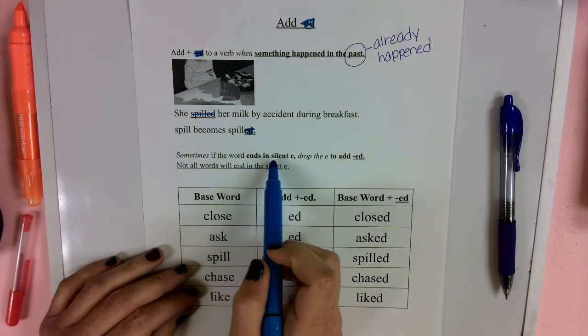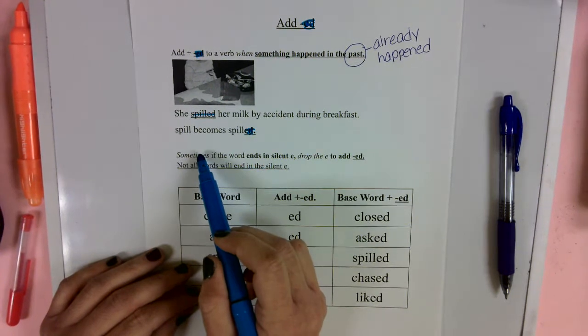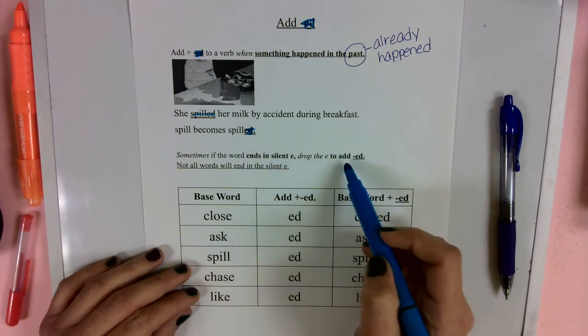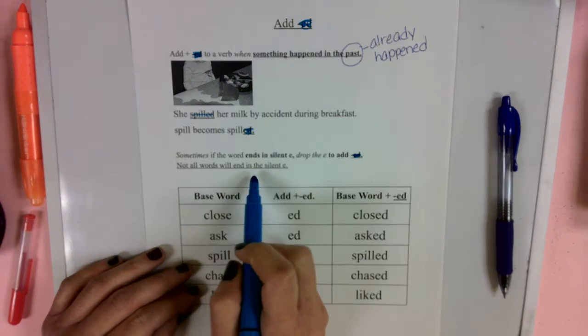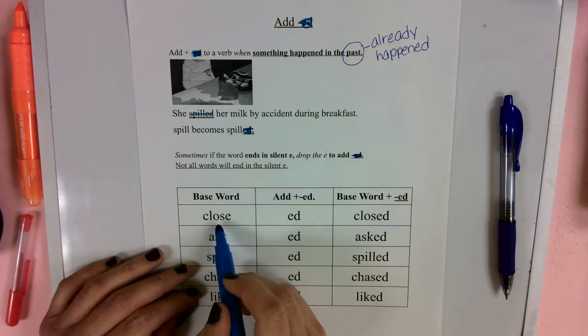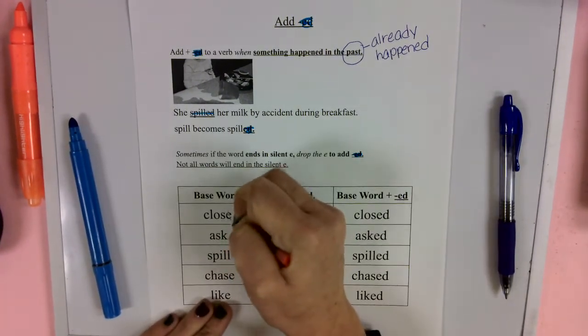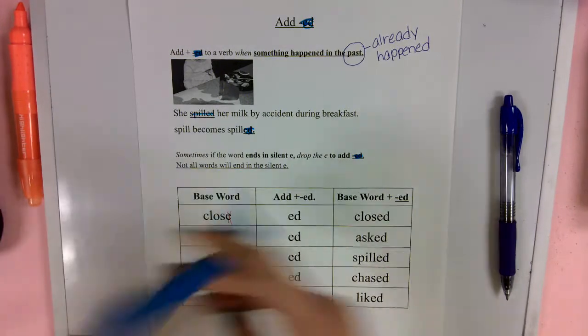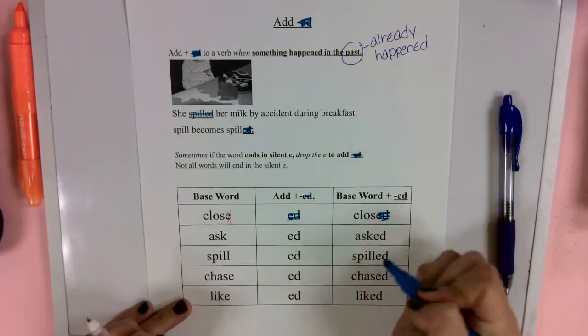Sometimes if the word ends in a silent e, so that word sometimes again, so it's not always, drop the e to add ed. Not all words will end in the silent e. So let's look at this word. We have close, but to make it easier, just take off that e, add your ed, and you get closed.